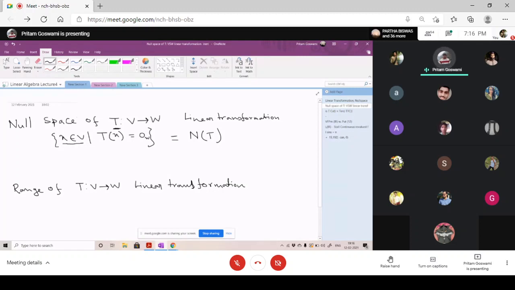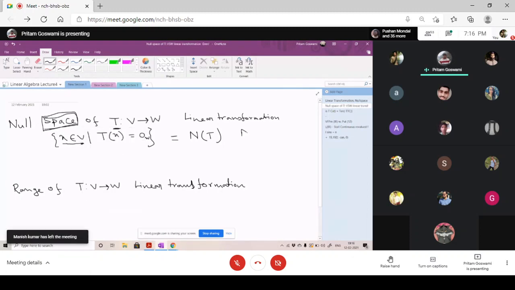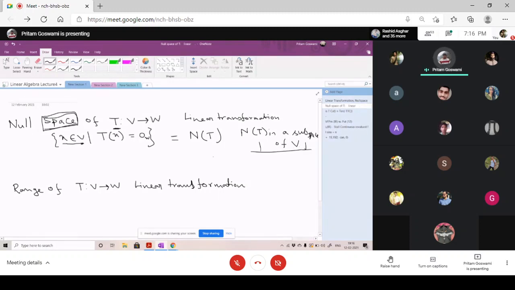So that means the null space should be a subspace of the vector space V. There is a proof that N(T) is a subspace of V, but I'm not proving it right now. You can check it in the book. And we also define another thing, range of T. Range of T is nothing but the range of a function kind of thing.